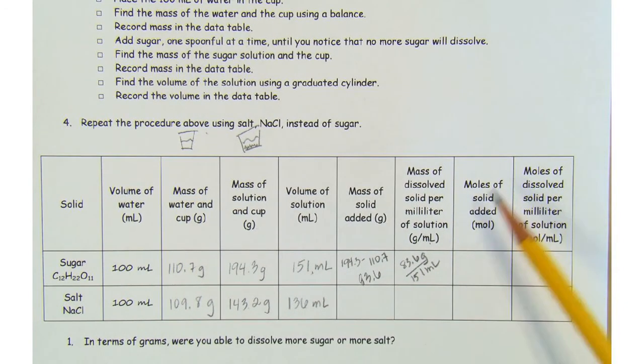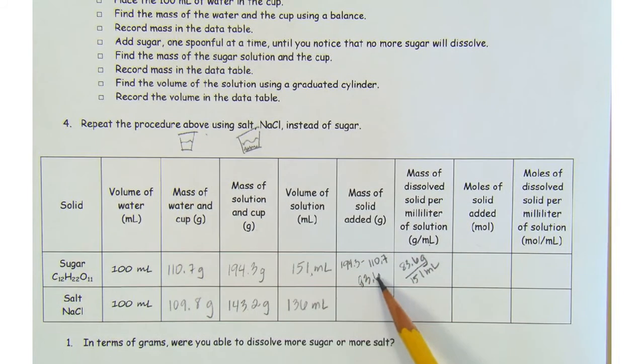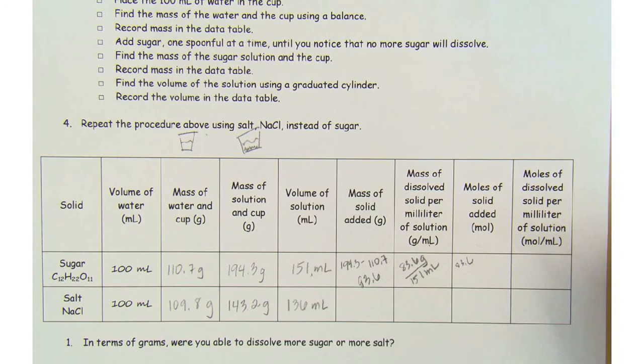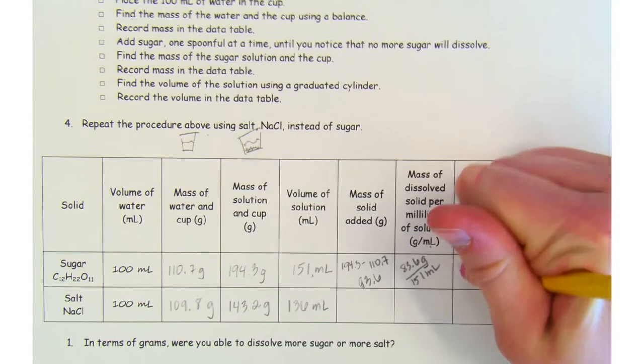Next column asks you for moles of solid added. So you know how to convert from grams to moles. So you have the grams of the solid, and you need to convert to moles.